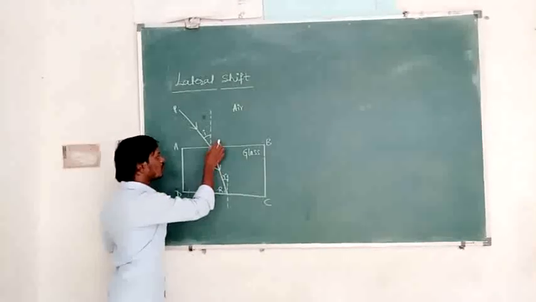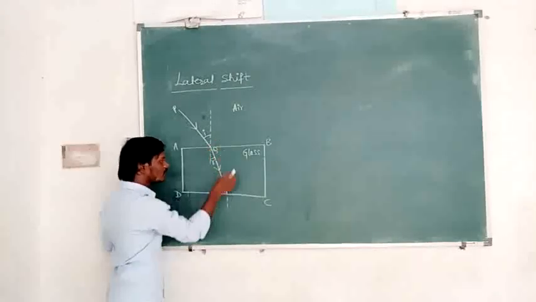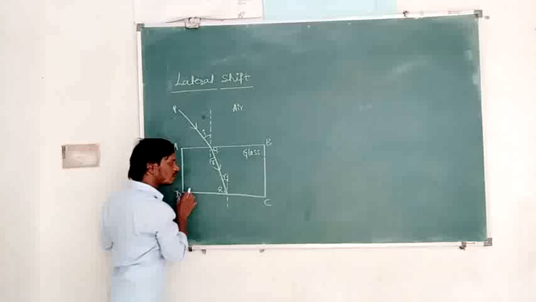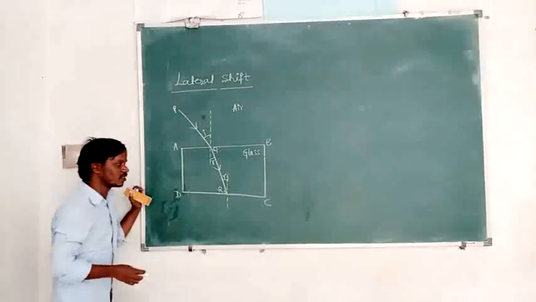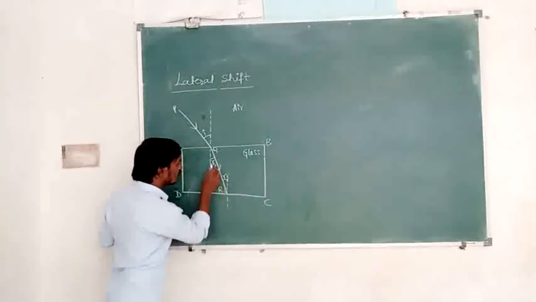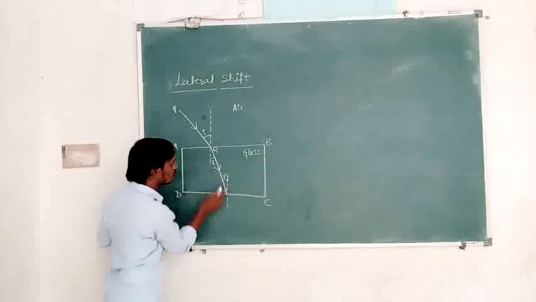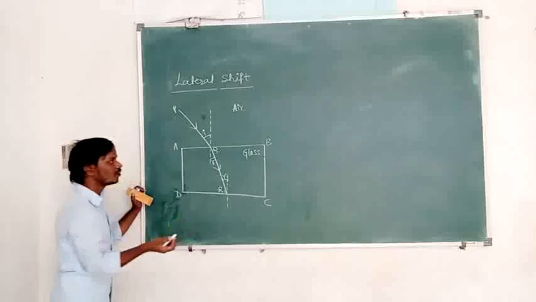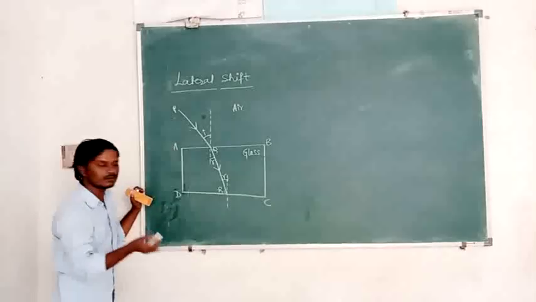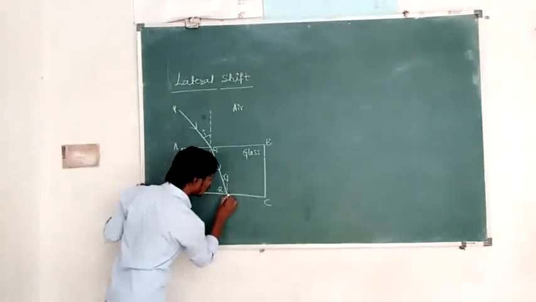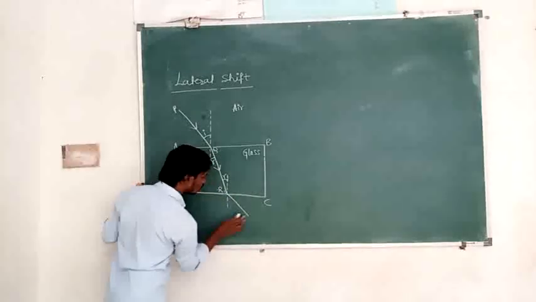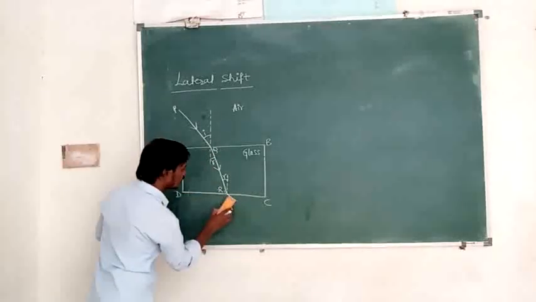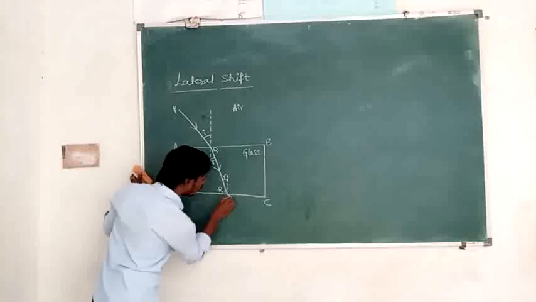With whatever angle the light is refracted, with that same angle the light is incident on the second refracting surface. Then QR is traveling from denser medium to rarer medium. When the light travels from denser medium to rarer medium, the refracted ray bends away from the normal.